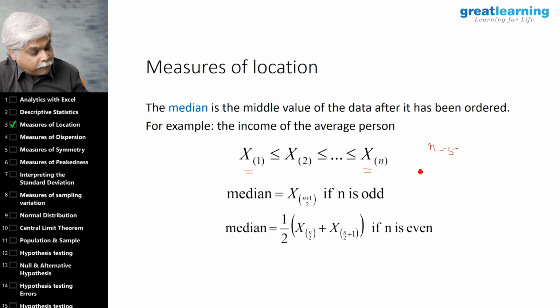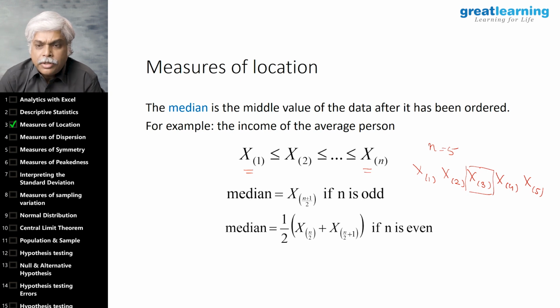What is the middle of 5 numbers? x1, x2, x3, x4, x5. The middle is x3, which is (5 plus 1) divided by 2. So if n is odd, the middle is (n plus 1) over 2, where n is the number of observations that I have.